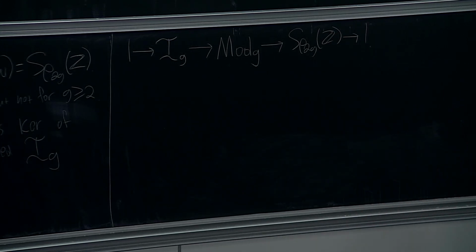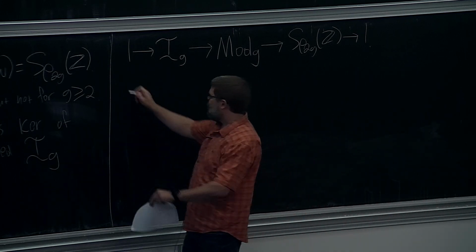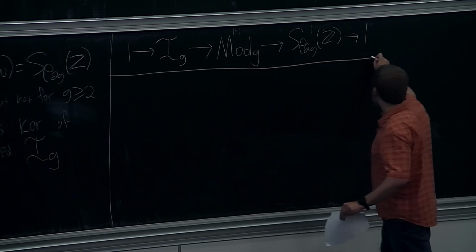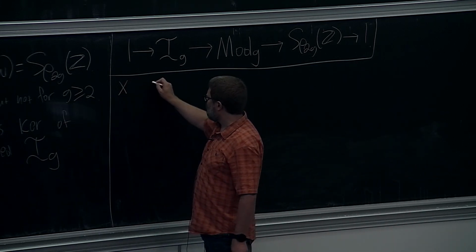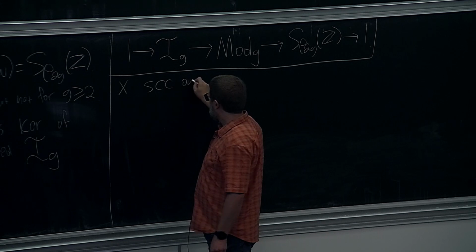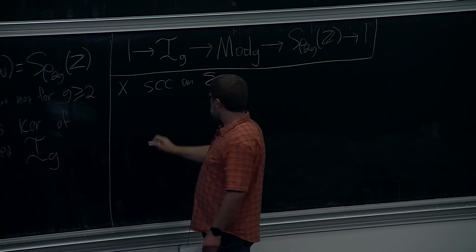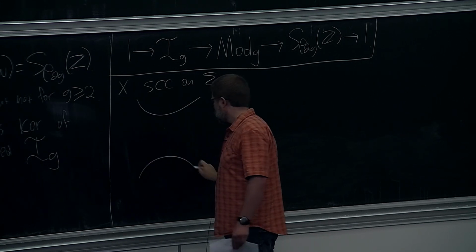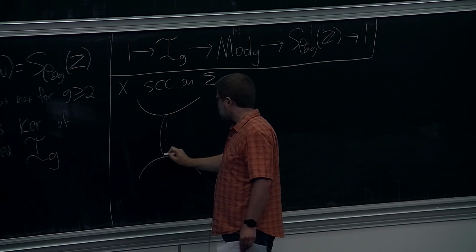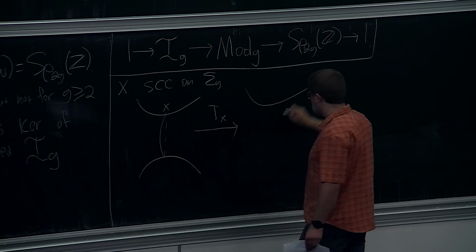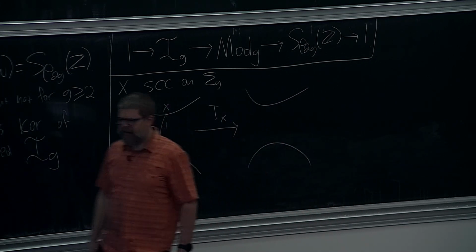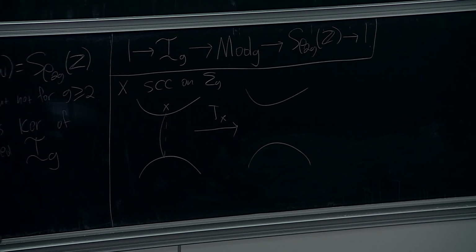Okay, so we have this short exact sequence, and we want to understand things about it. The first thing I want to do is give you some elements of the Torelli group, because I want to prove that it's non-trivial. Remember, if x is a simple closed curve on sigma g, then we have the Dehn twist T sub x, which, I'm just redrawing the picture that I drew last time.